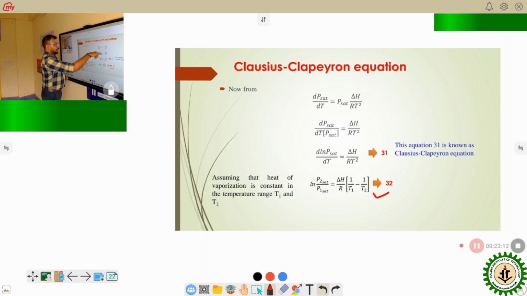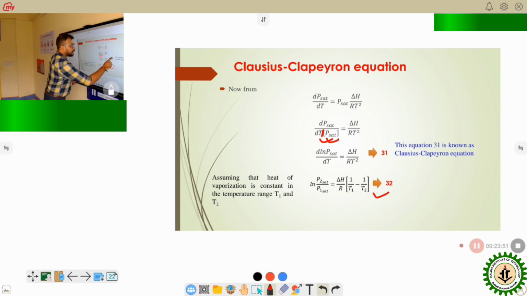Now, if we simplify equation number 30, delta P saturated by delta T, with P coming to this side, and do the integration, we get the final form as ln of P2 at saturation condition by P1 at saturation condition is equal to delta H by R into 1 by T1 minus 1 by T2.